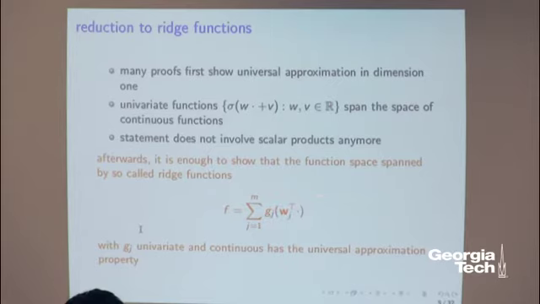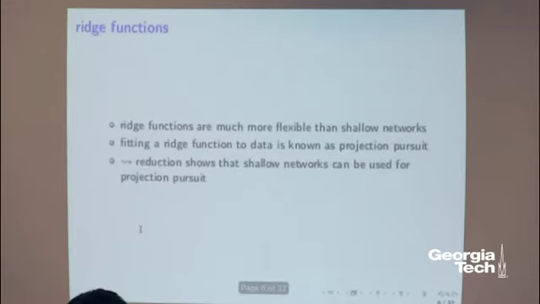Because then if you have that in 1 dimension, you can somehow replace the sigma by any gj that you have. So if you have the universal approximation property in 1 dimension, afterwards you just have to check the universal approximation property of ridge functions, and that is a much larger class, and you can do much more things with ridge functions. And that's the common technique to establish the universal approximation property.